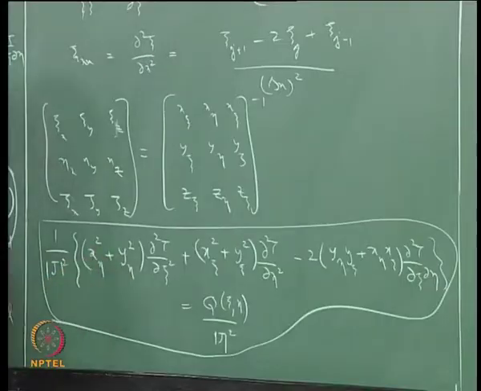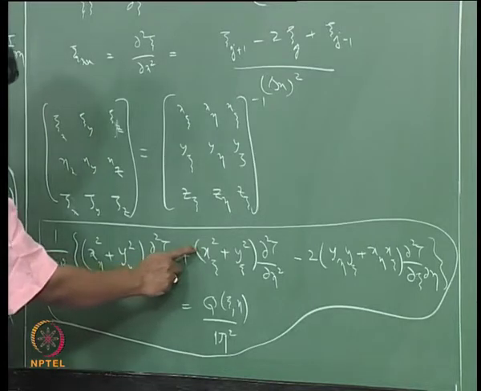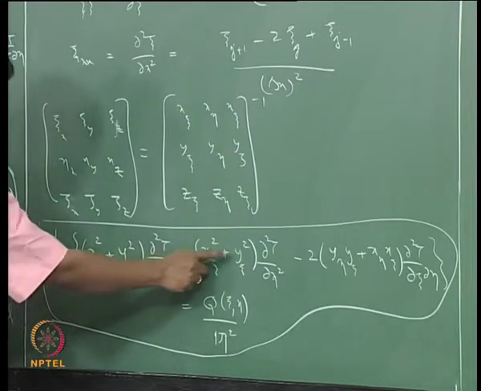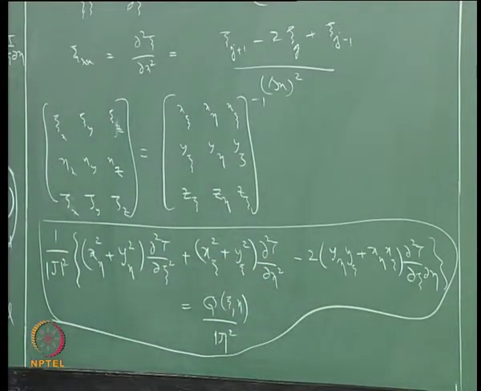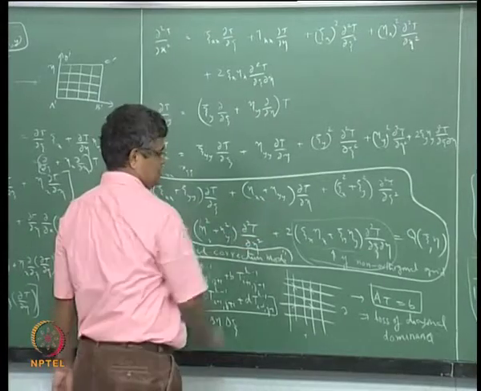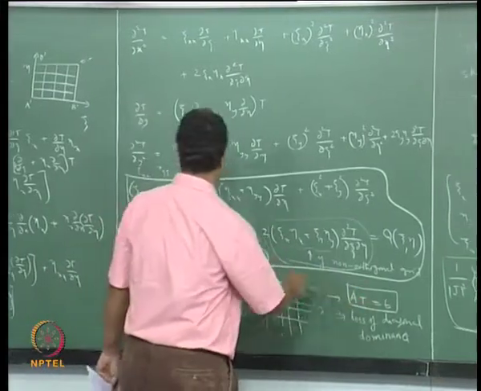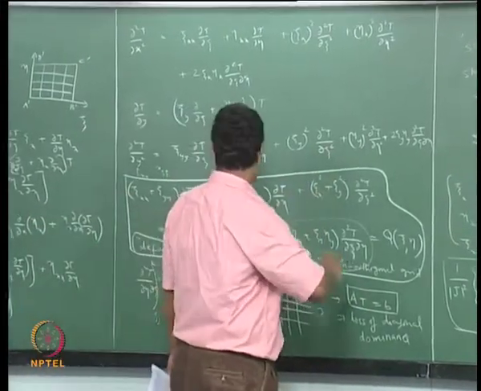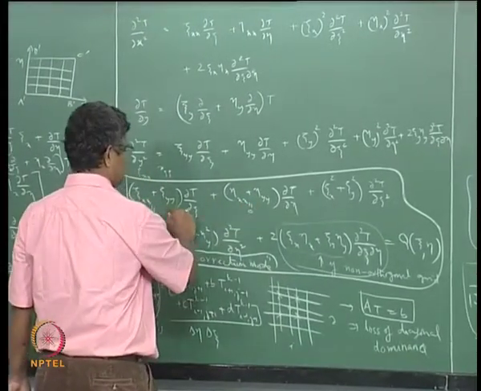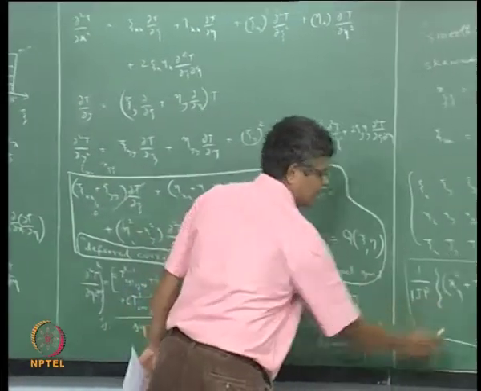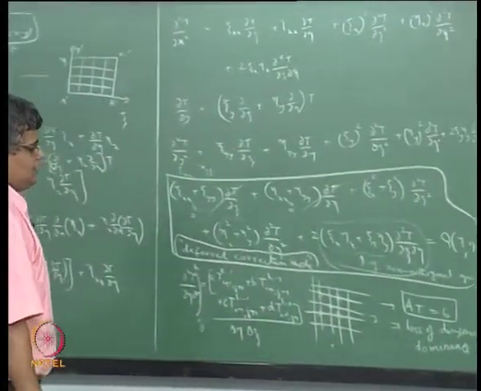We see that the matrix of the transformation in terms of dou x by dou xi, dou x by dou eta and dou y by dou xi is appearing, especially when we have a smooth grid, so that these first derivative terms will go to 0. I think here we have made the assumption that we have a smooth grid, and for a smooth grid this is equal to 0 and this is equal to 0, so that we can cancel out these terms and we have a simpler form of this.